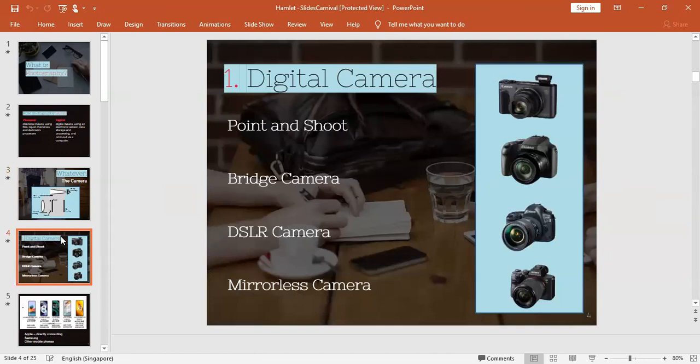Now, digital camera types. Some of these cameras you might know, some of you might not. The point and shoot camera was the initial digital camera, the first picture shown here. These are the smallest digital cameras we used in earlier days.